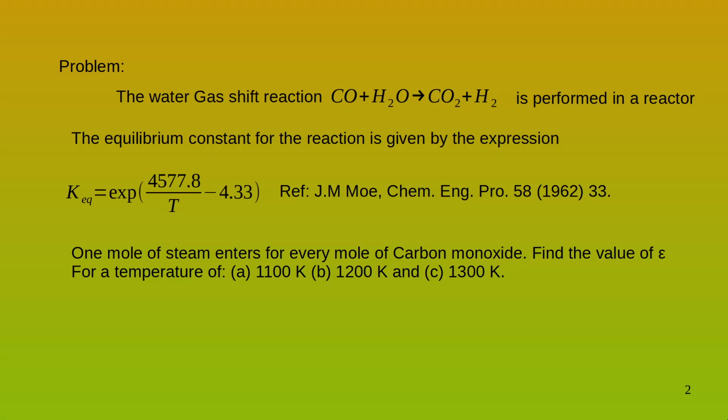The equilibrium constant for the reaction is given by the expression K equilibrium is equal to exponential 4577.8 over T, where T is in Kelvin, minus 4.33. The reference for this expression is JMO, Chemical Engineering Progress, Volume 58, 1962, particular 33 edition.